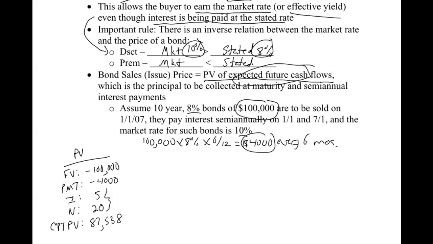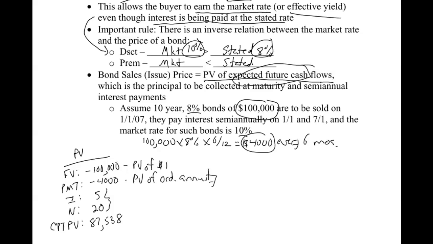Now look, if you're using the present value tables, that is fine, okay? But realize this is going to be the present value of a dollar table, and this will be the present value of an ordinary annuity table.